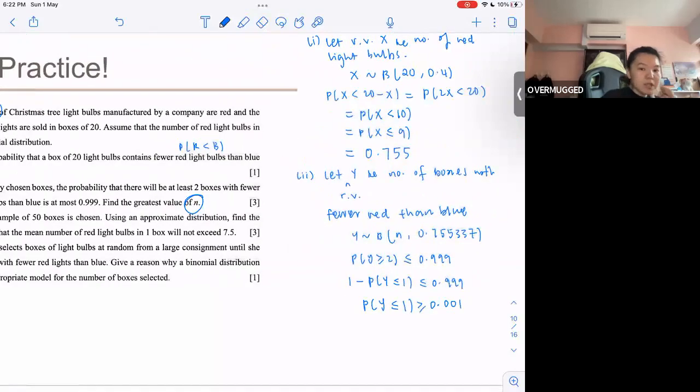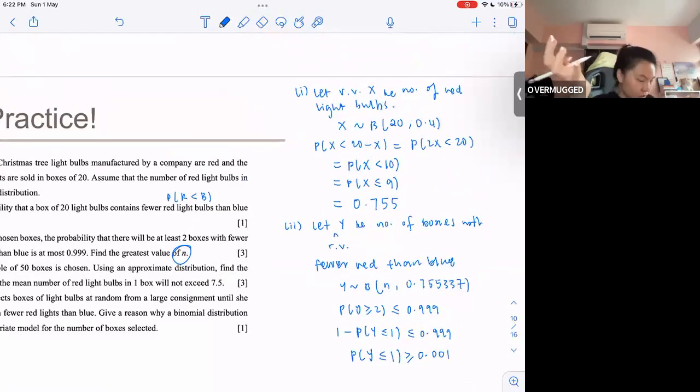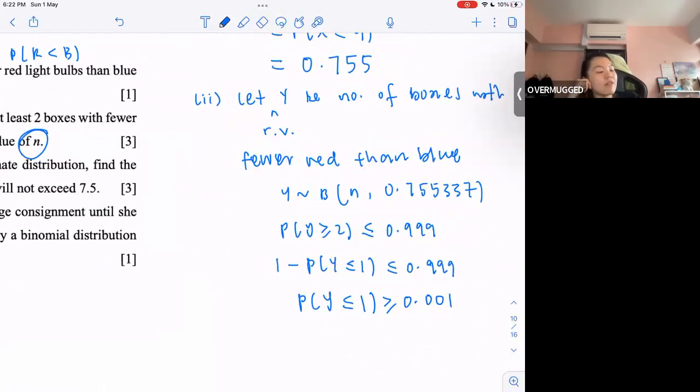So this is what you should be calculating. But can you use your binomial CDF? You are supposed to, but you realize that you don't have your n to put in. So when you have unknowns like this, you need to put your binomial CDF into the graphing part of your GC.